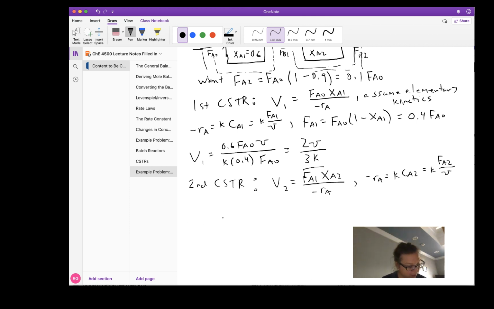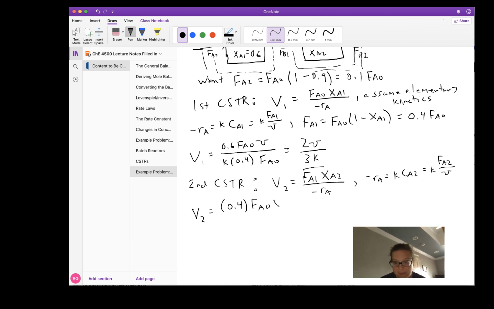So let's do that. And I get V2 is equal to 0.4 times FA naught. That's what this term here is.